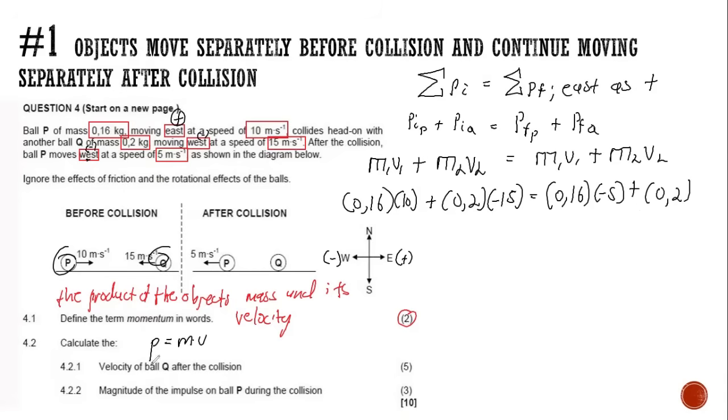But then remember, what we are supposed to calculate is the velocity of ball Q after the collision. After the collision, that's for final, right? And then initially it's before the collision. So we have V2 final, right? Then obviously, from here on, you need the aid of your calculator, which you're going to just press everything that's on your left-hand side.